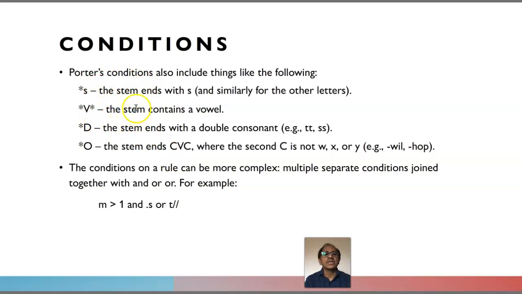Now we need to change these conditions into regular expressions. That's what we are going to do when we look at the actual program. The conditions on a rule can be more complex: multiple separate conditions joined together with AND or OR. For example, you have M is greater than 1 and the stem ends with an S or the stem ends with a T. Look at this.